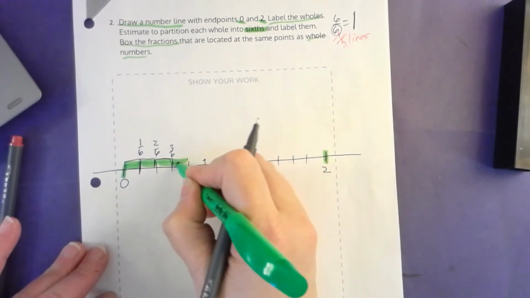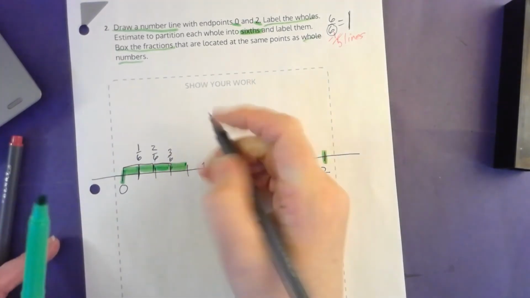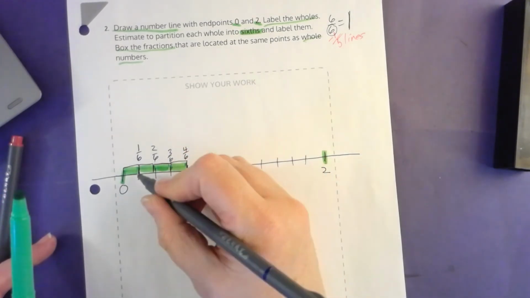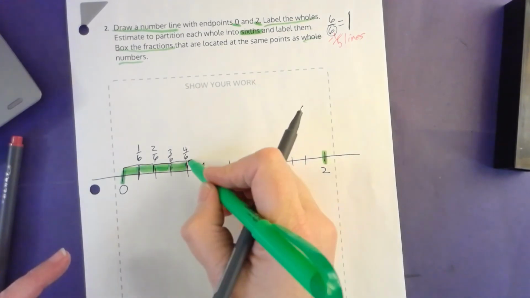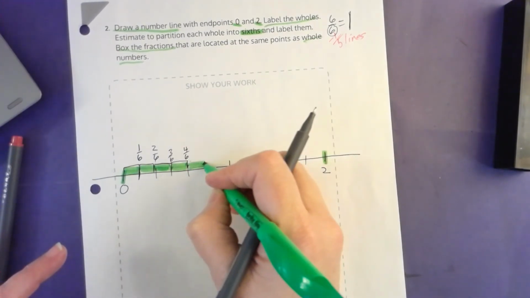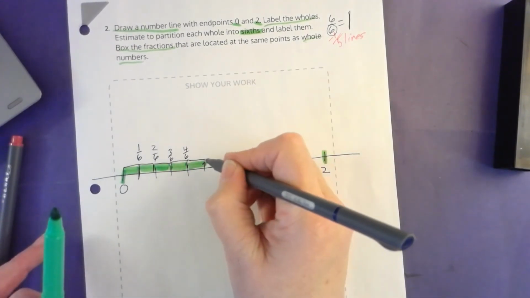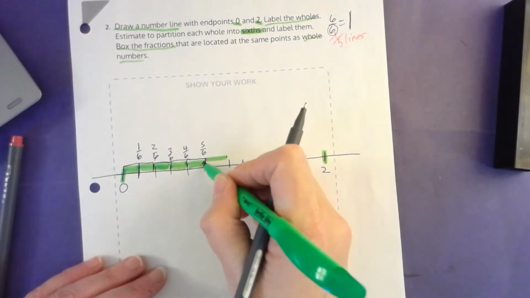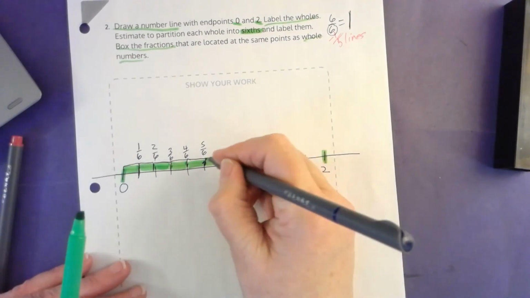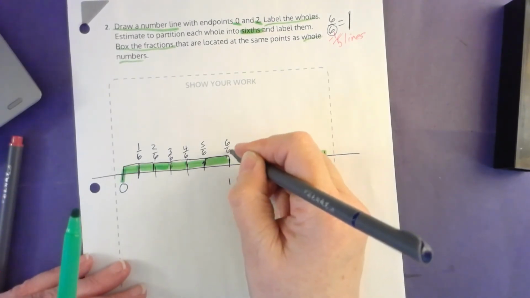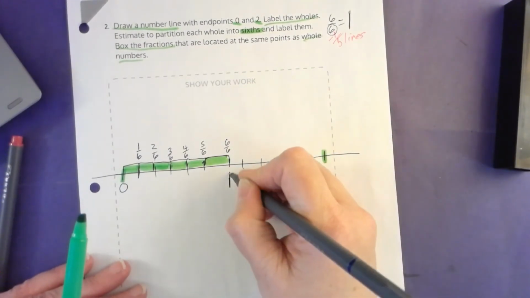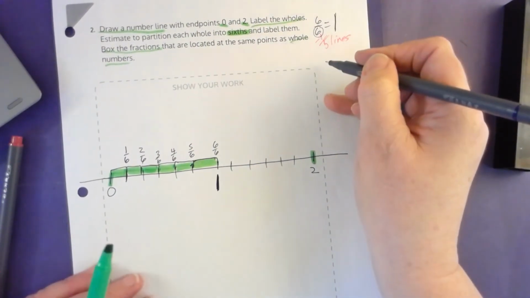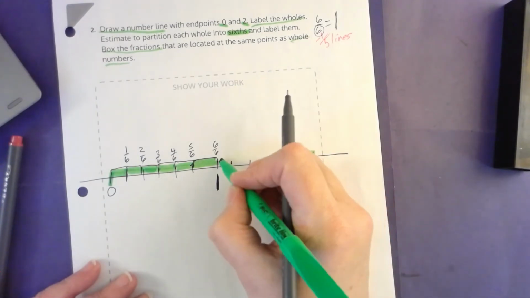Then I'm going to add another one, which is 4/6. So I have 4 blocks. Now I'm going to add another one, which is 5/6. And then another one, which is 6/6. And we know for 1 whole unit it equals 6/6. I got to keep going though.